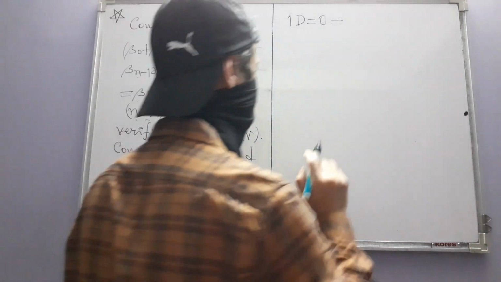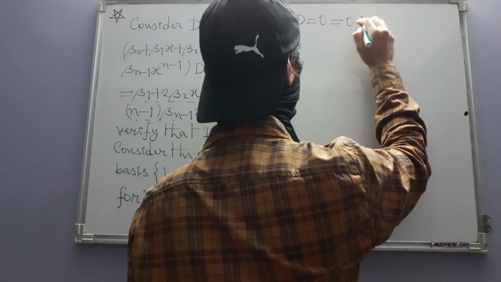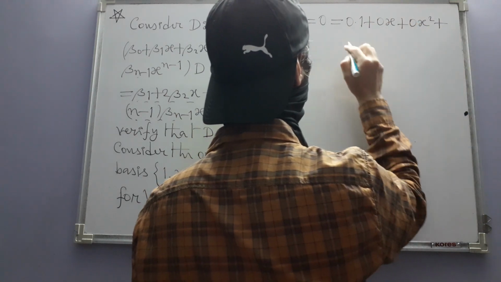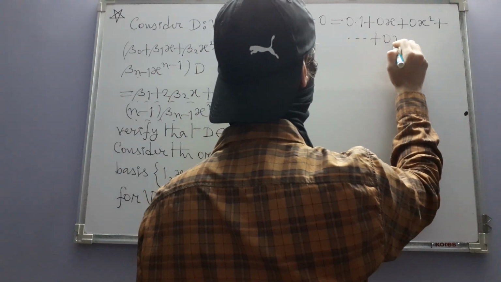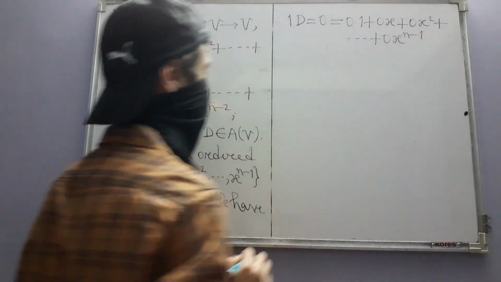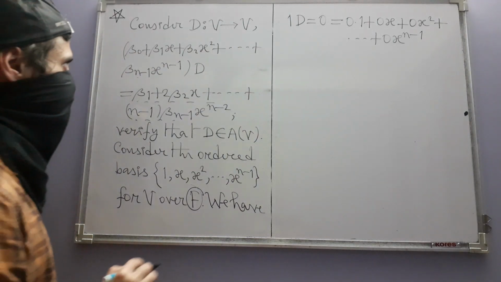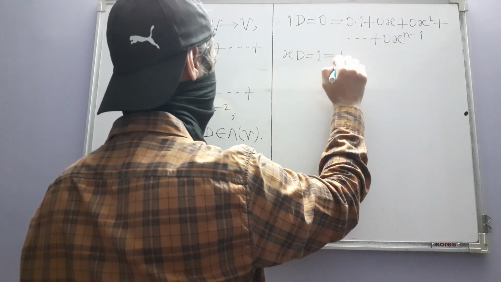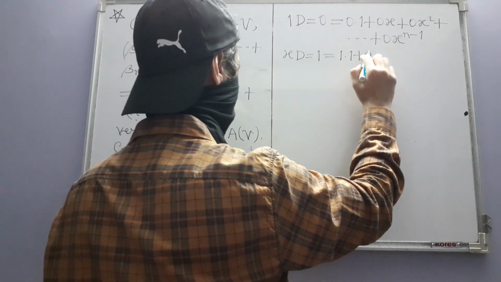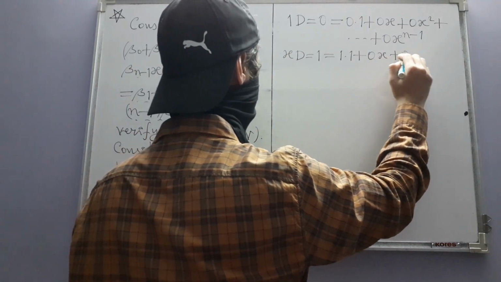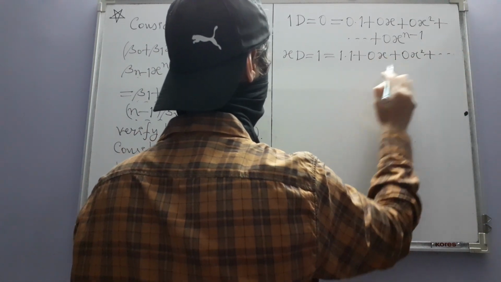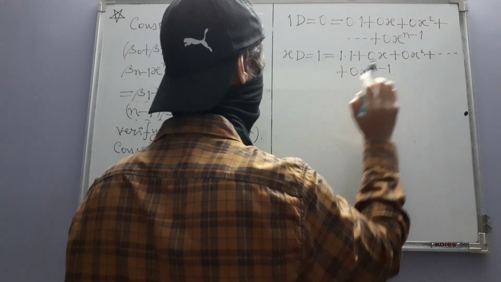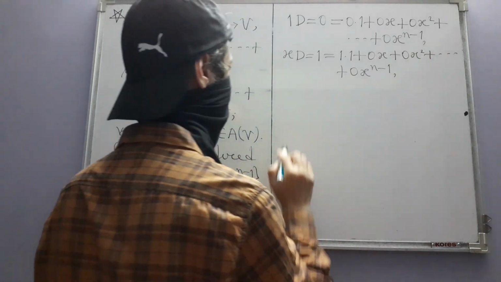But anyway, if you now start writing the 0 as a linear combination of these basis vectors in that same order, you get this. All the coefficients have to be 0. Okay. Next, x D. x D is 1, so this becomes 1 plus 0x square and so on, 0x to the power n minus 1.